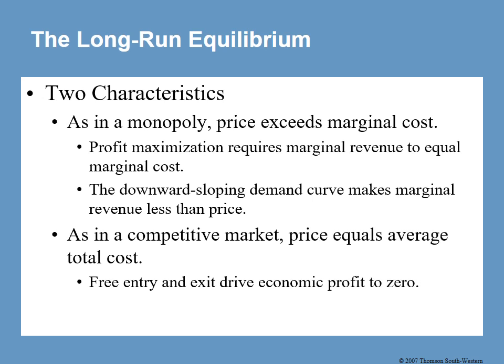However, as in a competitive market, price equals ATC. So you have free entry and exit that's going to drive economic profit to zero. So you have two forces of two different concepts we've learned about happening at the same time. So you have monopoly characteristics and you have competitive market characteristics.